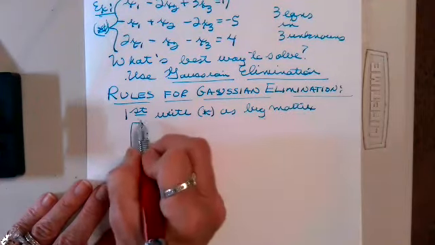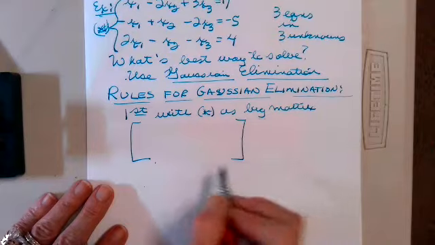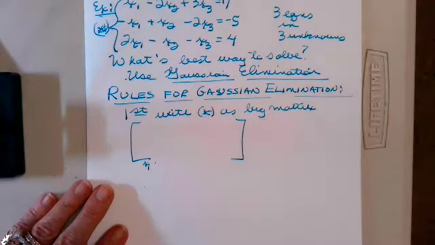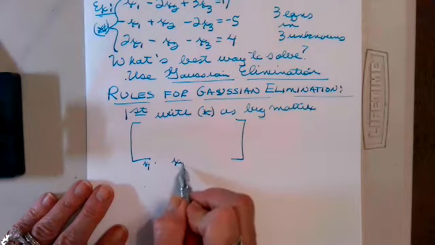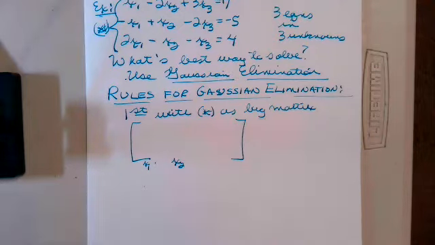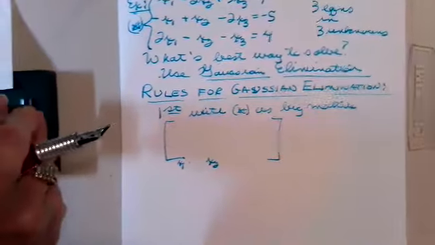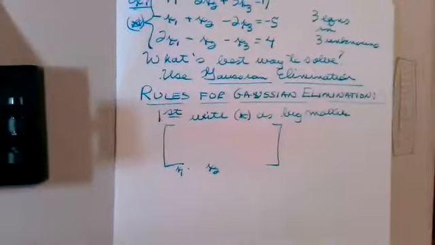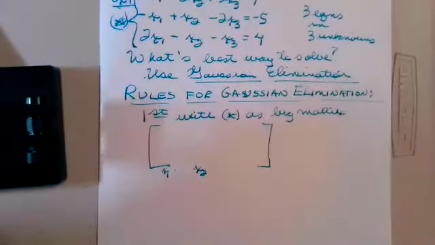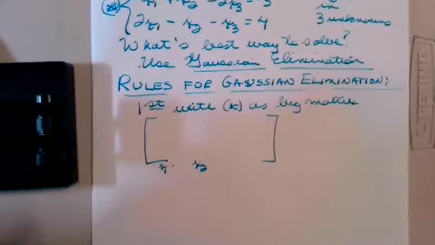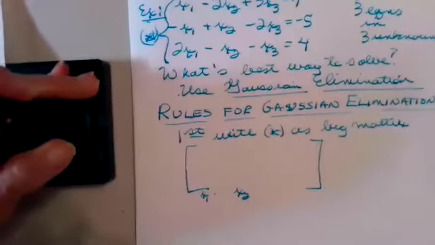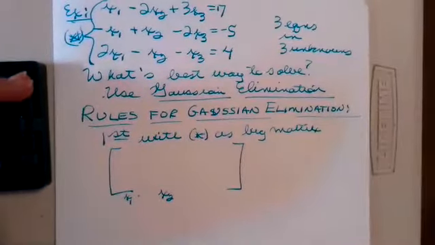So I'm going to write just the coefficients of x1 in the first column, just the coefficients of x2 in the second column. Maybe I need to bring this in a little bit to make it bigger. It might have been a little hard to see the way it was. All right, this might be a little better, even though you see the base of my camera.